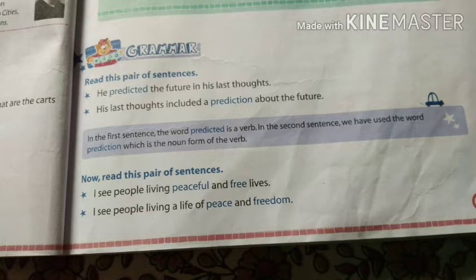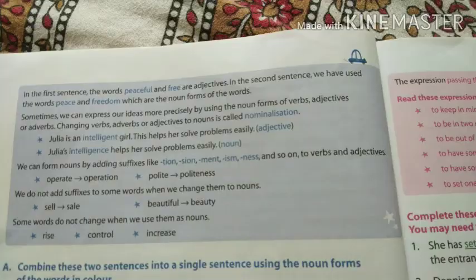Now read this pair of sentences. I see people living peaceful and free lives. I see people living a life of peace and freedom. In the first sentence, the words peaceful and free are adjectives. You know what is an adjective?